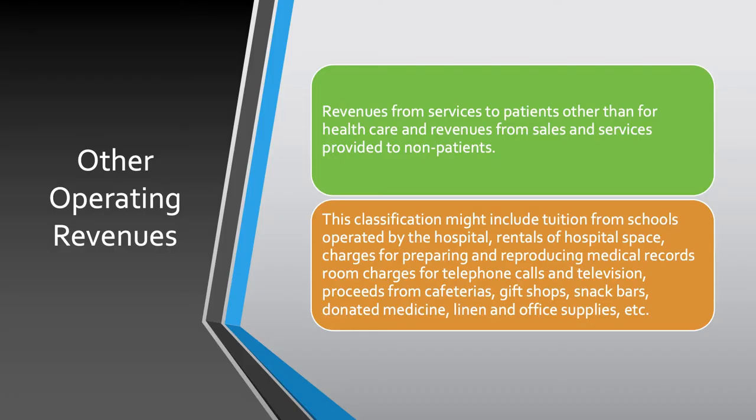Other operating revenues of hospitals would be revenues from services to patients other than for healthcare, and revenues from sales and services provided to non-patients. Like a hospital has a canteen, di ba? A hospital has a food area or pantry area where they sell food.